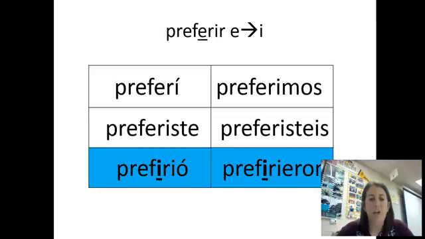But we've got that stem change in our flip-flop, the él, ella, usted, and ellos, ellas, ustedes conjugations. That second E changes to an I: prefirió, and in the ellos, ellas, ustedes form, prefirieron. So notice that E changes to an I.